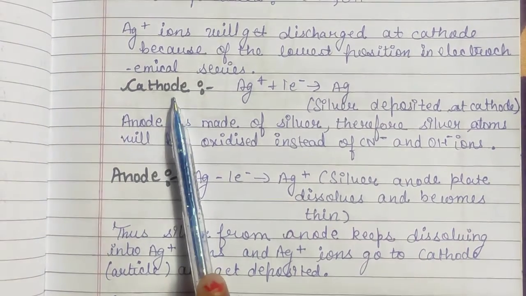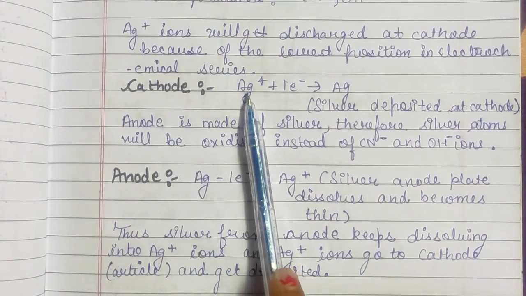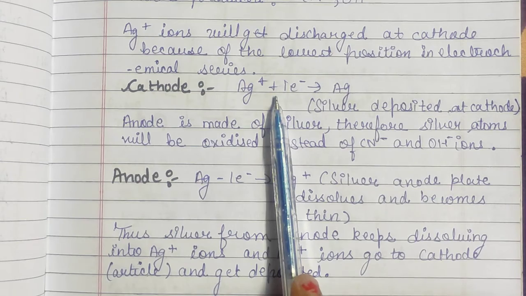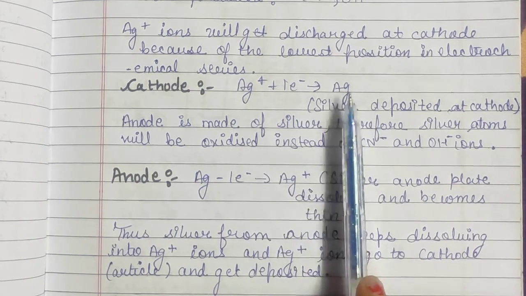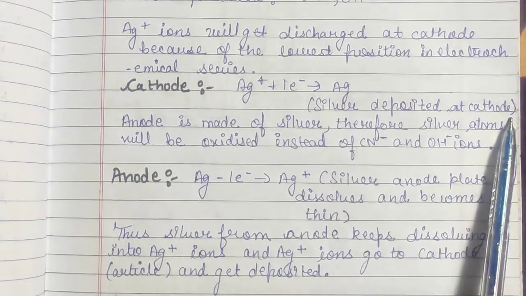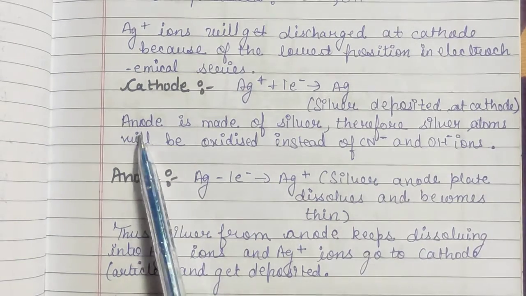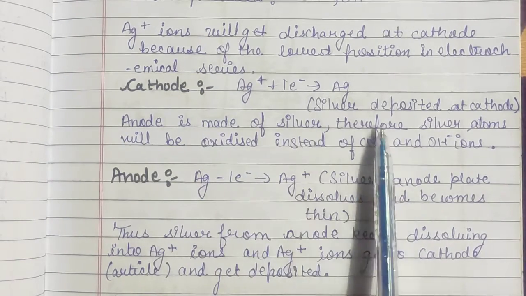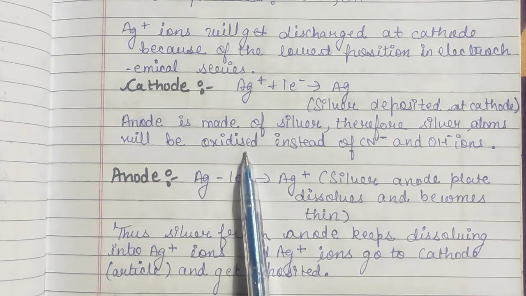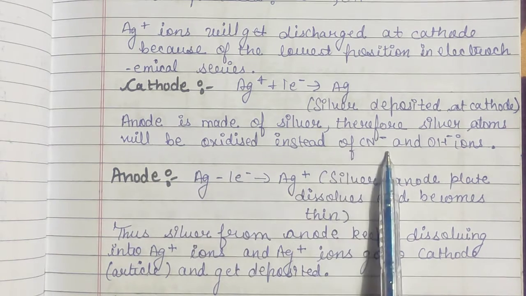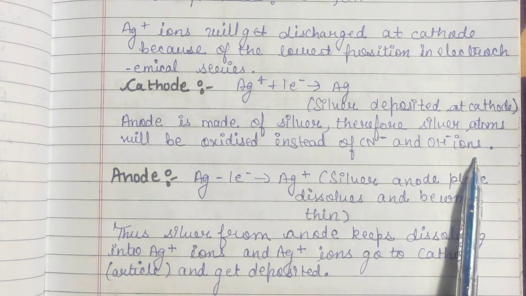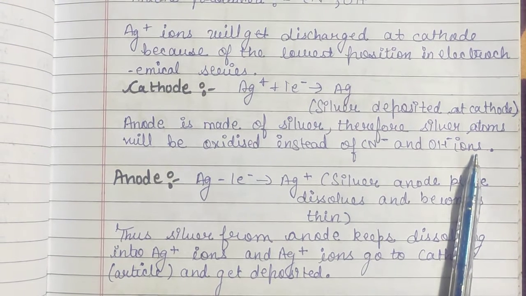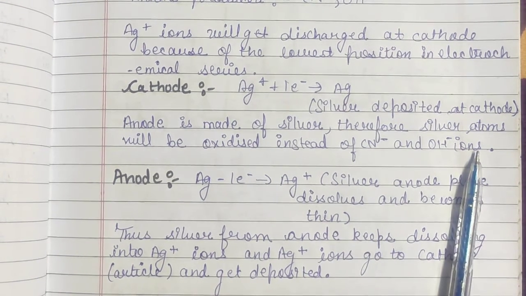And at the cathode, what will happen? Ag+ will gain one electron and become Ag, the silver deposited at the cathode, which is on the right hand side. And the anode is made up of silver, therefore silver atoms will be oxidized instead of cyanide and OH- ions. That we have already discussed in detail earlier.